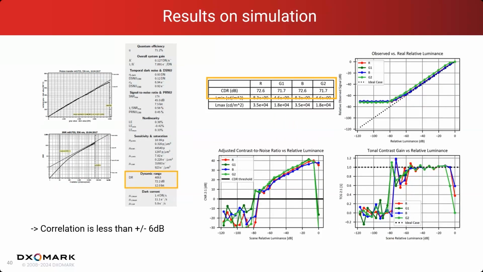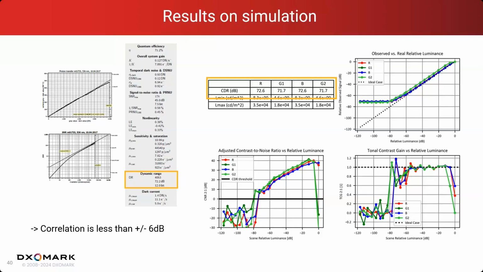So the sensor that Sébastien simulated came with the datasheet that says it has a 72 dB dynamic range. And in our measurements, you can see on the graph in the bottom middle that the contrast dynamic range is about 72 dB, with the values written just above the graph.